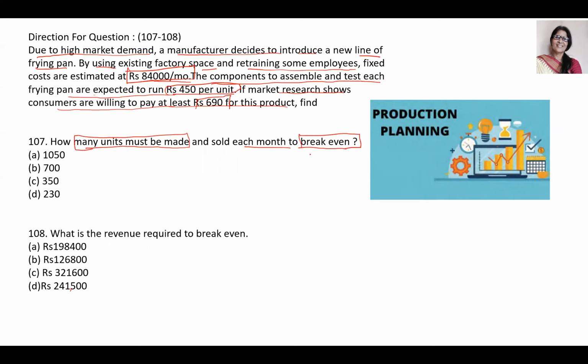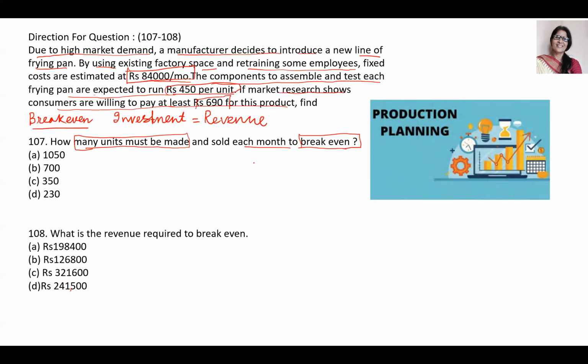The word break even means when investment is equal to revenue. Revenue means earning.